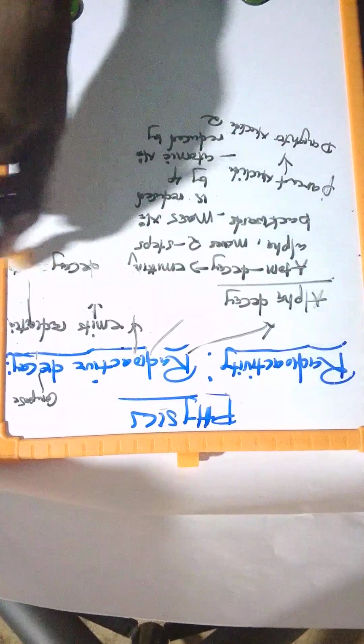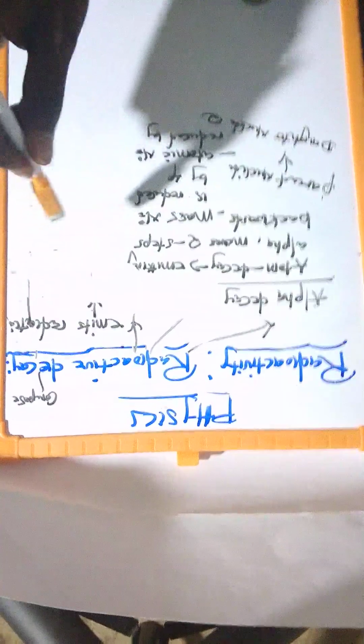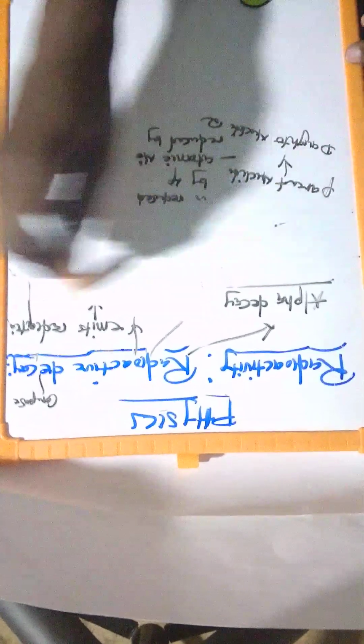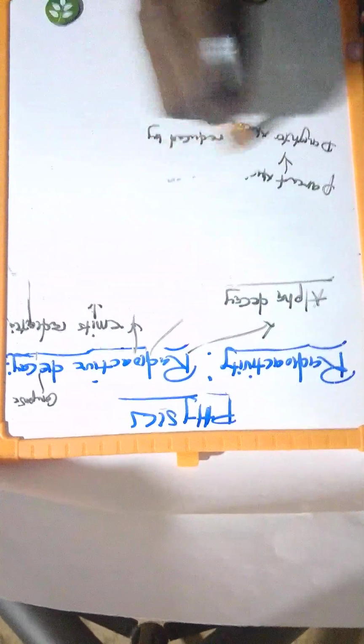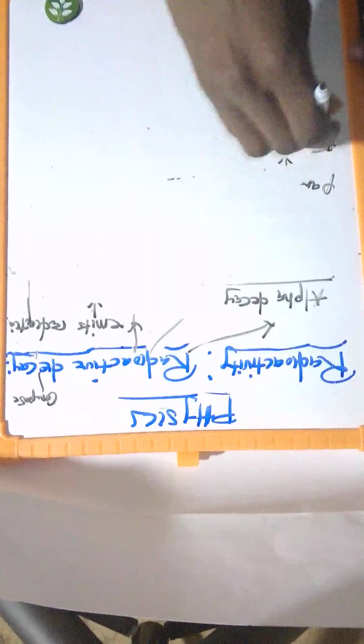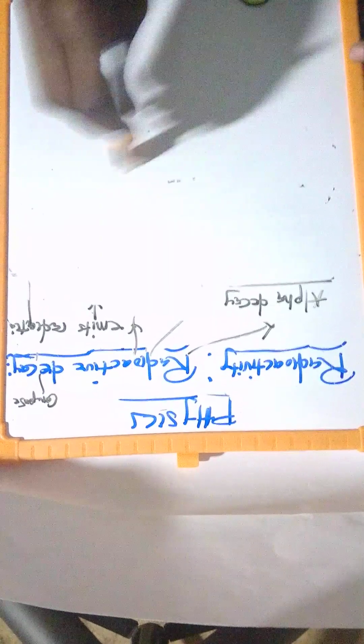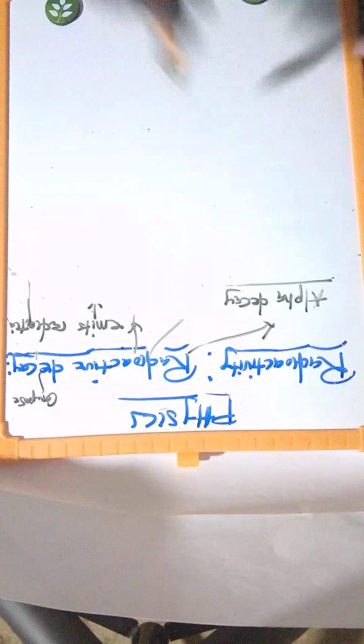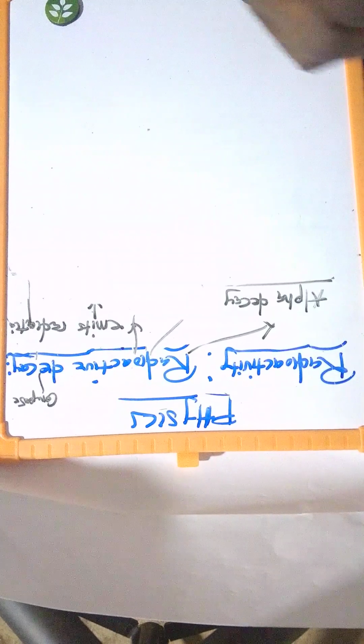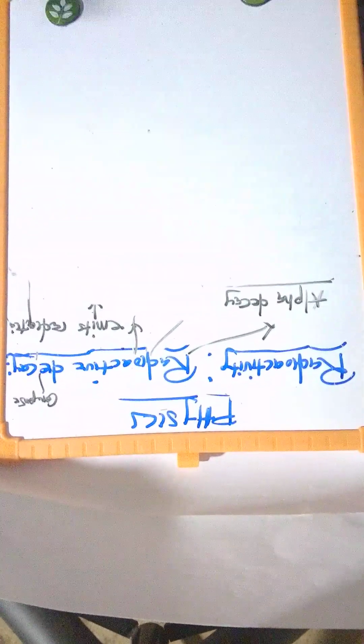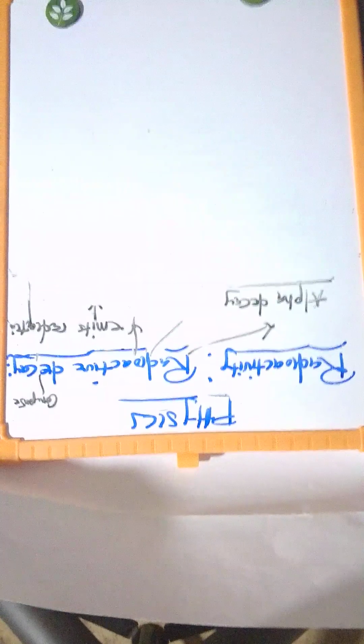My space here cannot allow me to write what I want to write, so let me move this part. Okay, with that background, we can now talk about the decay equation.